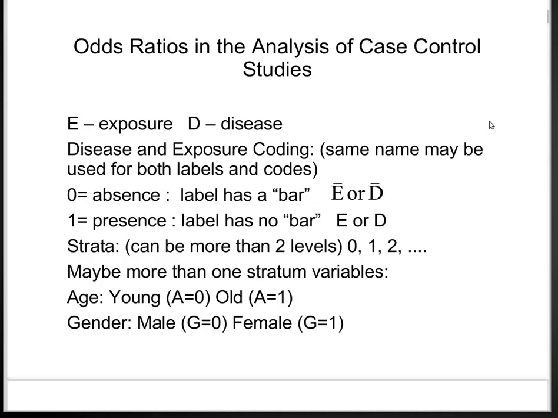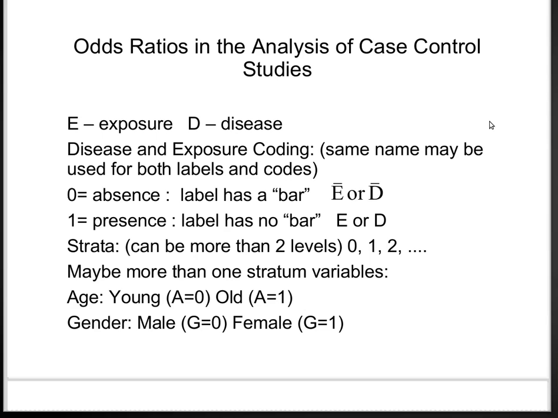And I thought what I would do is establish some of the key pieces as though the study that we are analyzing is a case control study. Everything here can be repeated for cohort studies or any prospective study by interchanging exposure and disease.